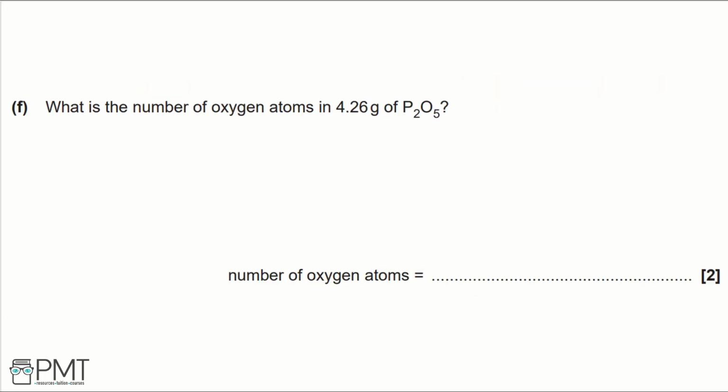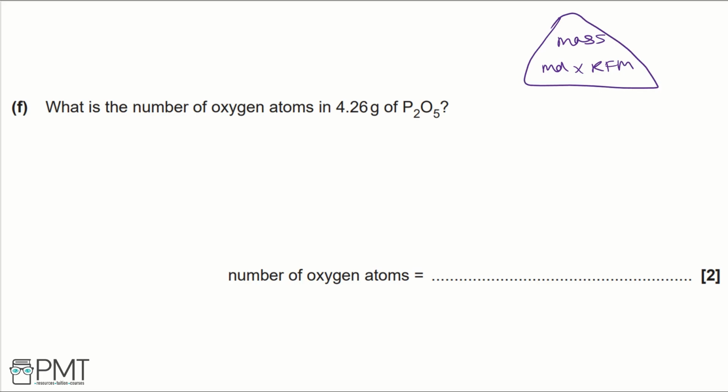Part F. What is the number of oxygen atoms in 4.26 grams of P2O5? With this question, we're going to use the equation triangle, mass, moles and RFM. Firstly, we're going to work out the moles of P2O5.